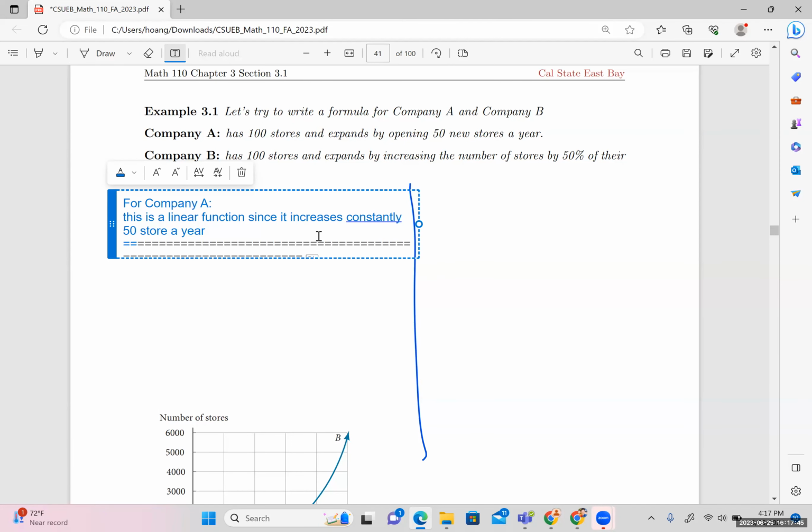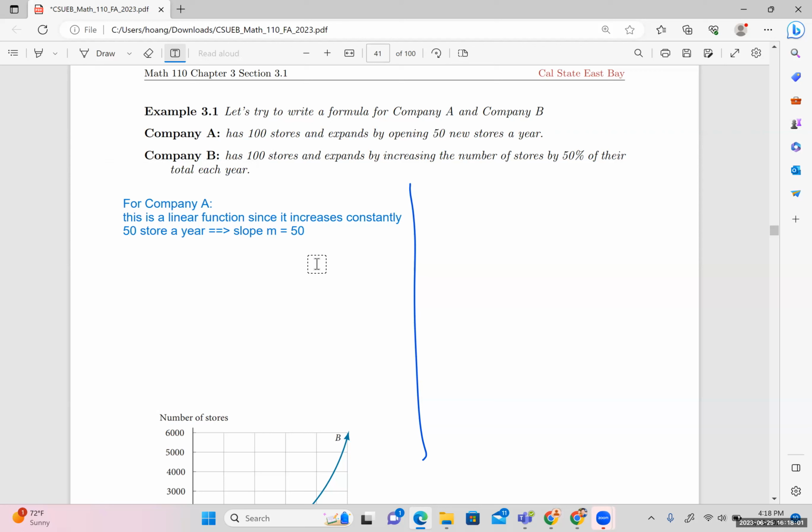That means we will have slope m equal to 50. You can also use the slope formula to find this, but by definition for business slope, you can just say that each year is increased by 50.